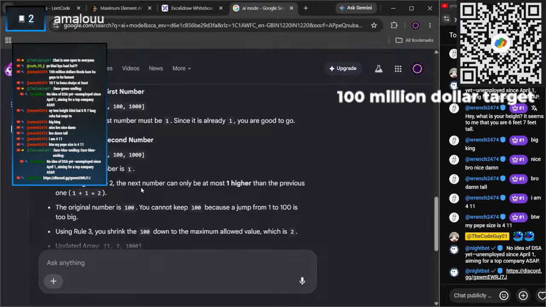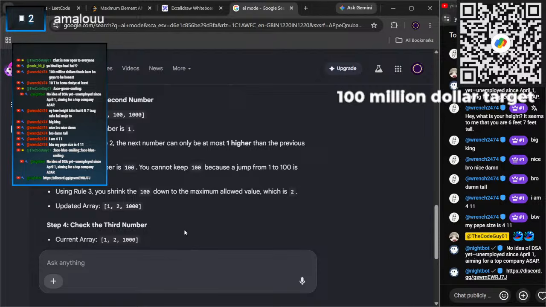And the original number is 100. You can't keep 100 because a jump from 1 to 100 is too big. So using shrink, my current array is now 1, 2, and if I add 2 plus 1, which is going to be 3.